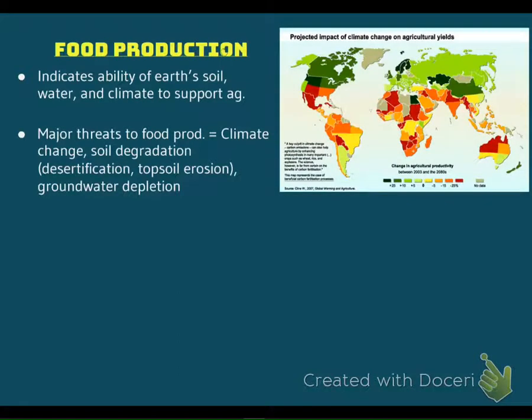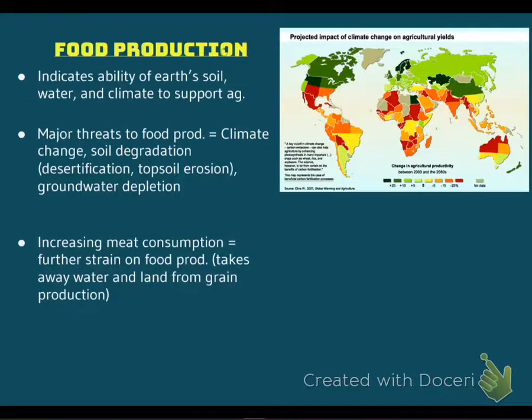And we can see on here where there's places where there's going to be a drastic effect on agriculture. If the global climate change creates, right through here is a huge change. Basically, right through the equator, as it gets too hot, we're going to have drastic problems with agriculture.